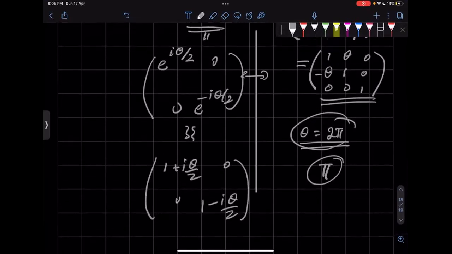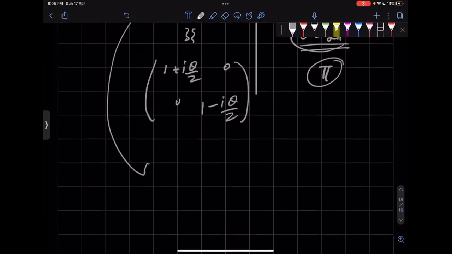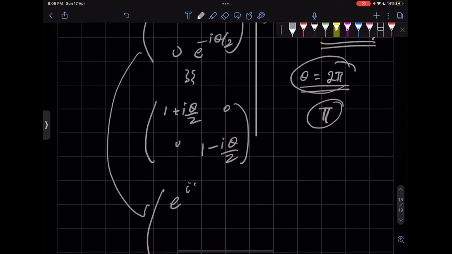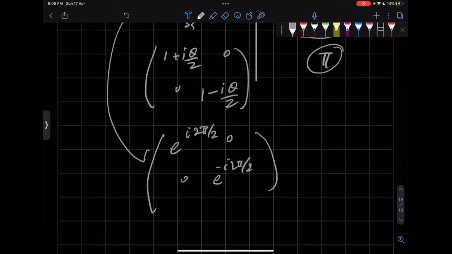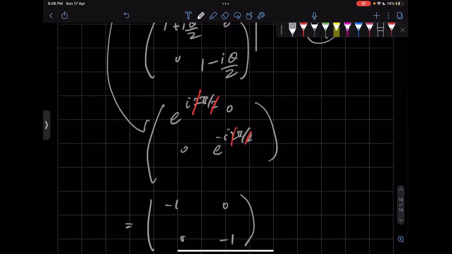For SU2 I get e to the power i 2 pi by 2, 0, 0, e to the power minus i 2 pi by 2. But these 2's cancel, and e to the power i pi is minus 1. So we are not back to the identity for SU2.